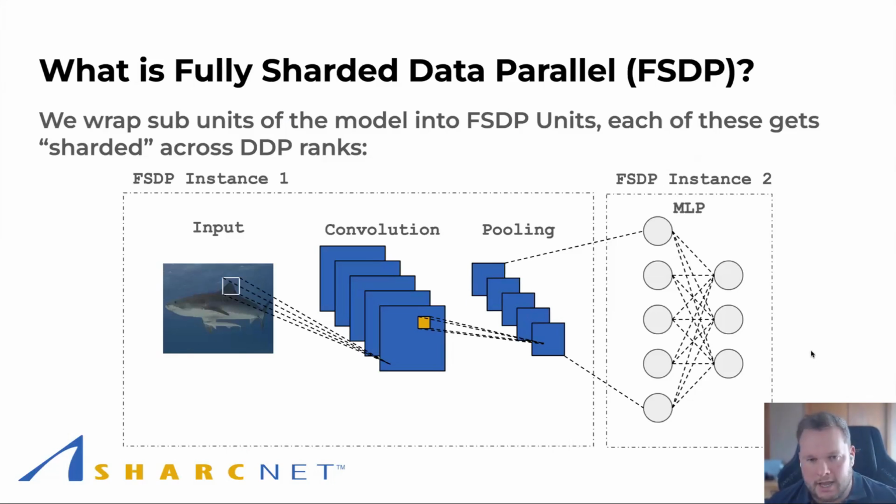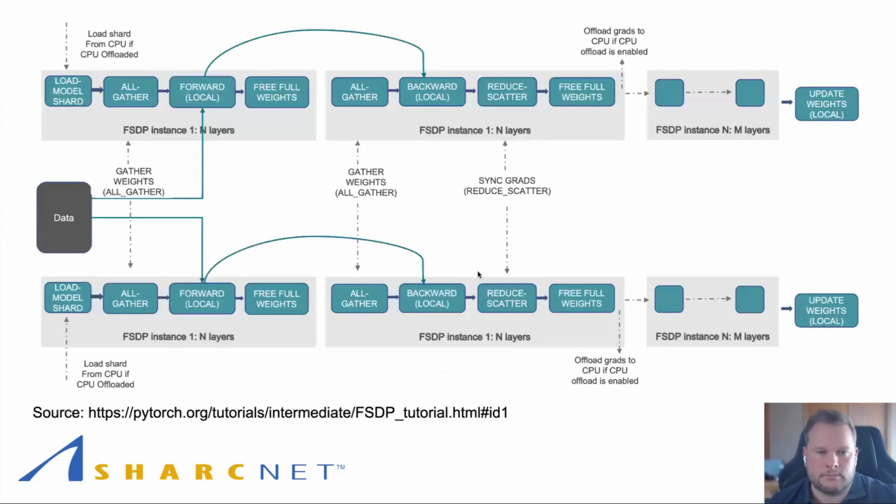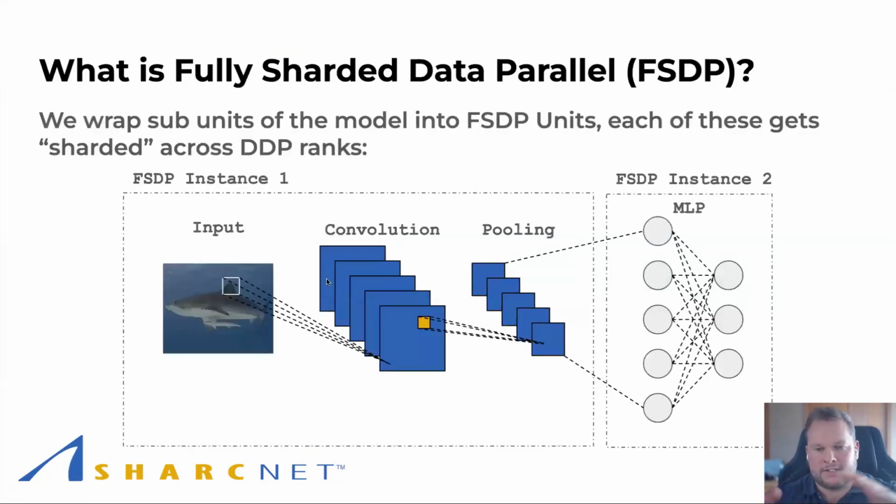How does this work? Well, if we look at the workflow, what happens is we get to, say, the first FSDP instance. So in this basic convolutional neural network, we've put our convolution and pooling layers into an FSDP instance.